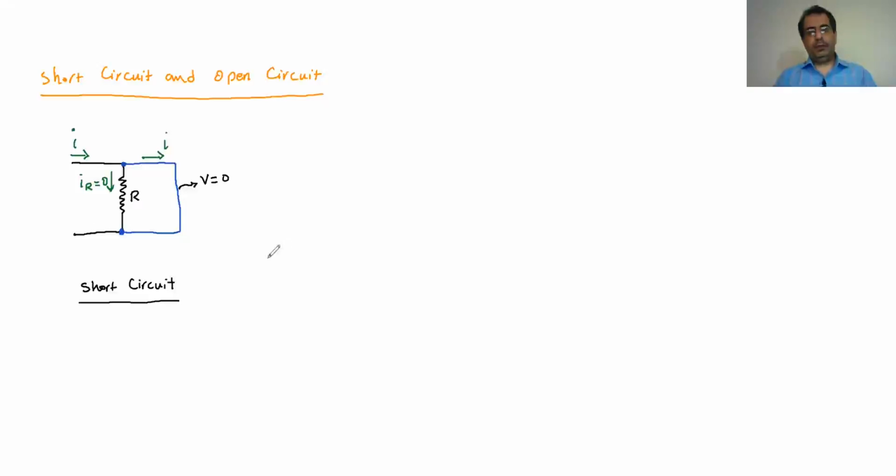So later on in the Thevenin, when I say that we short circuit this part, it means that we bypass that resistance. It's like that resistance is not there anymore. You can assume this resistance is not there, and I have the wire that goes around that.